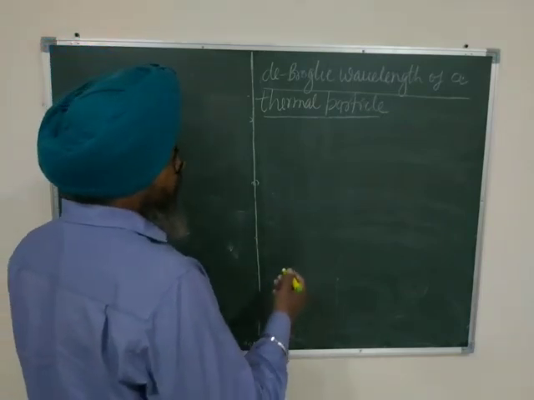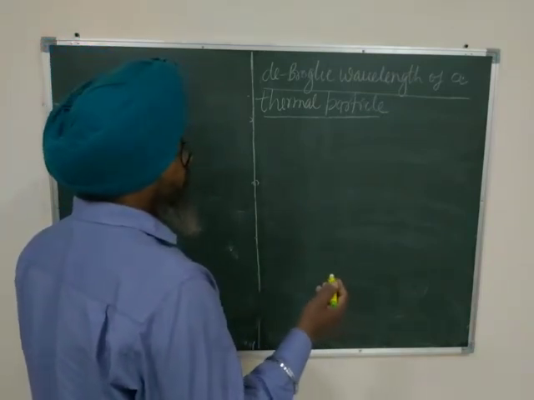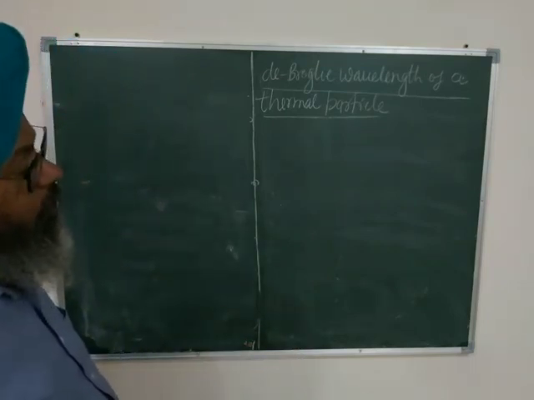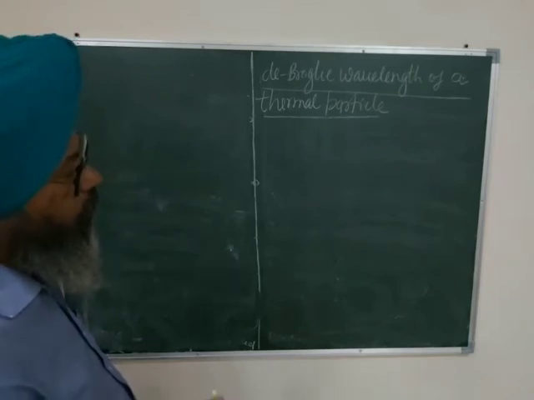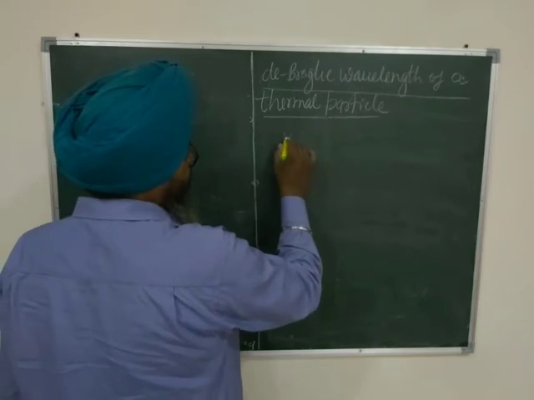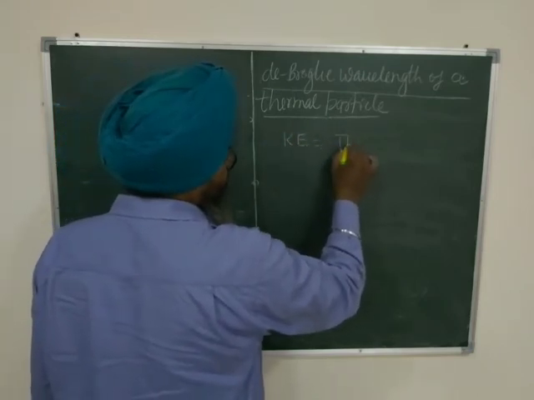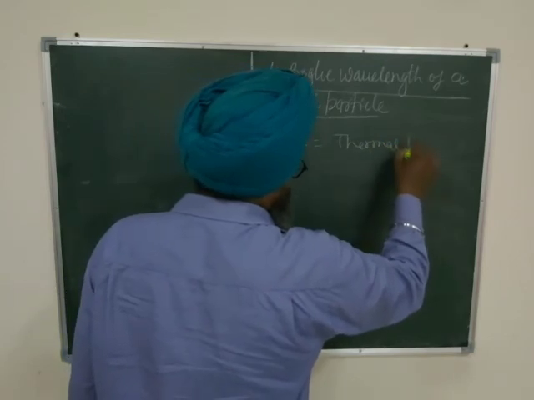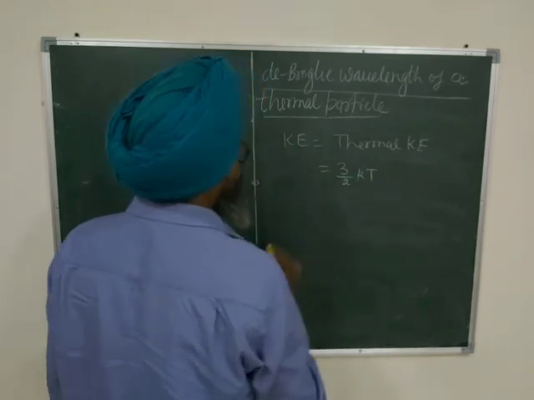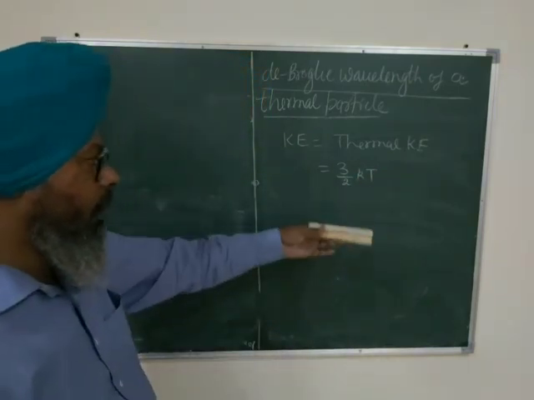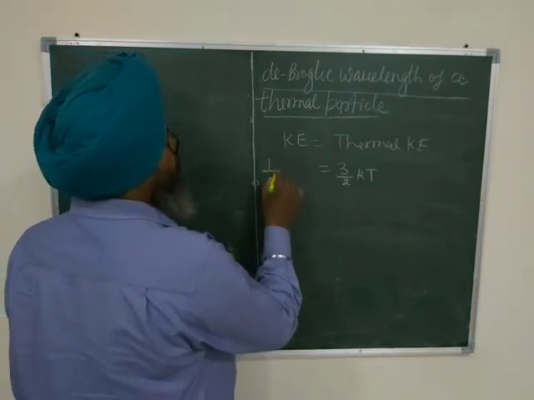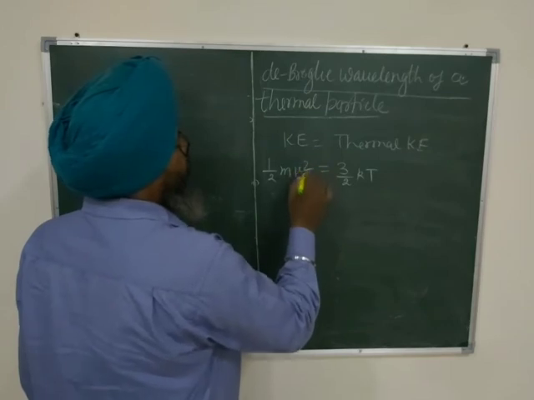So in that case, we will just apply the non-relativistic formula. We will not be able to use the relativistic formula. It will be only a non-relativistic formula. So according to that, the kinetic energy gained by the object is given by thermal kinetic energy. We know that the thermal kinetic energy is equal to 3 by 2 kT, and this kinetic energy will be gained by the object, and it will be equal to half mv square.